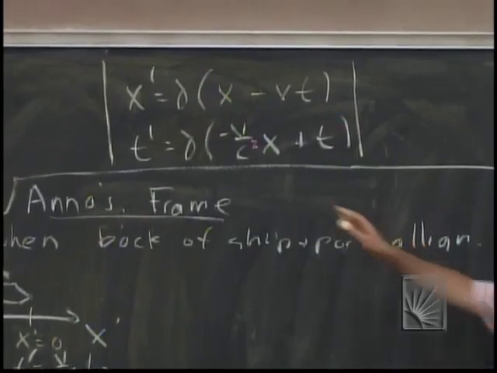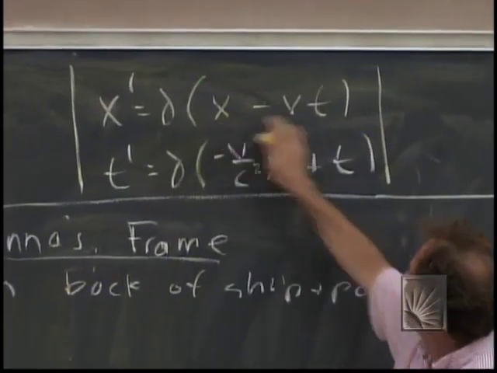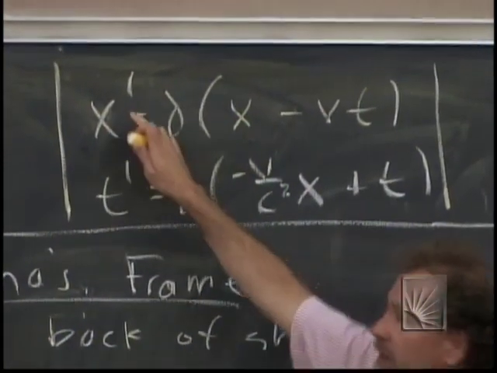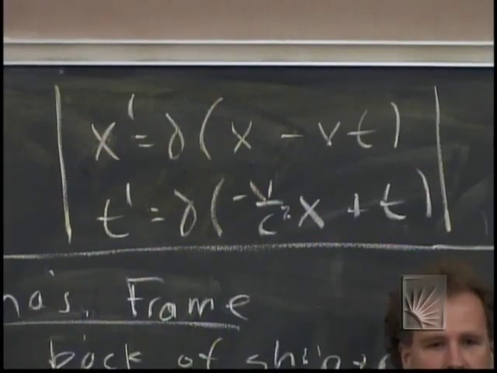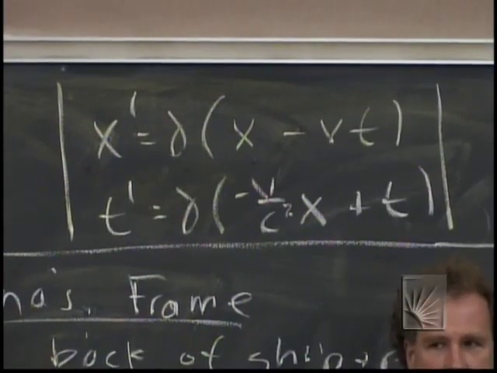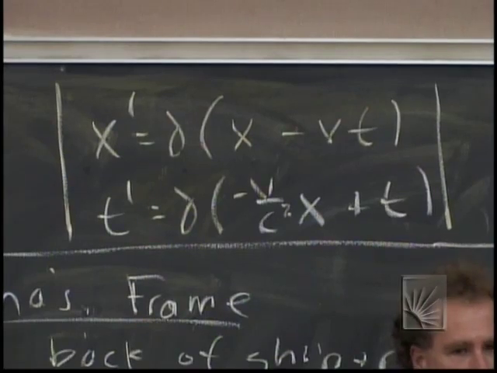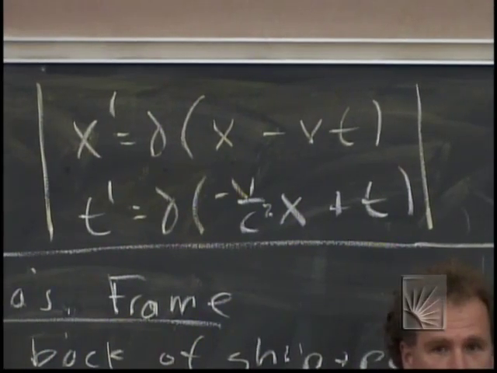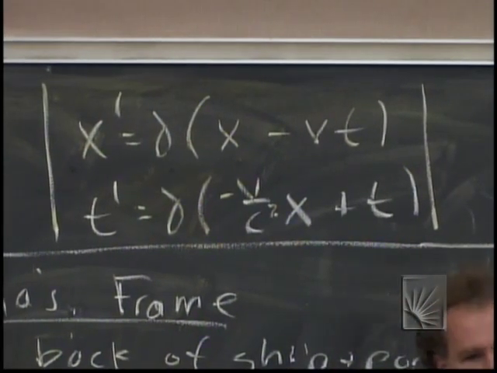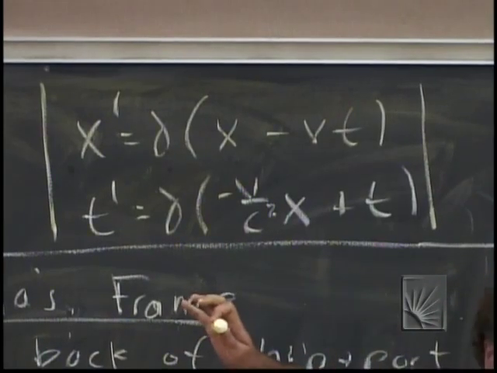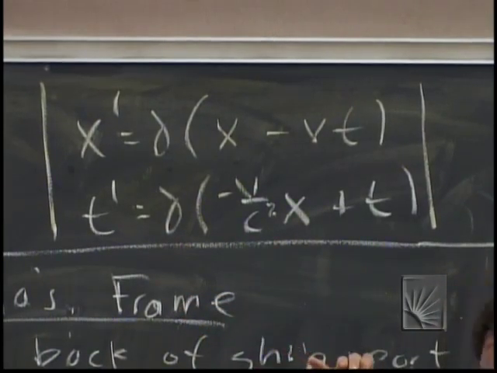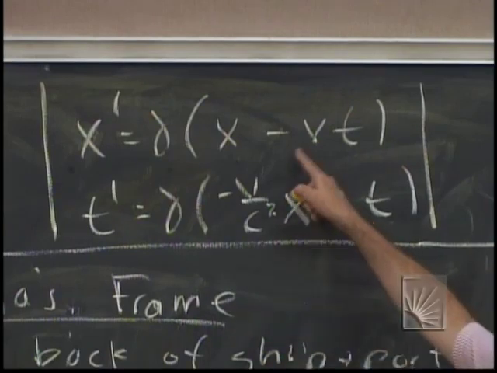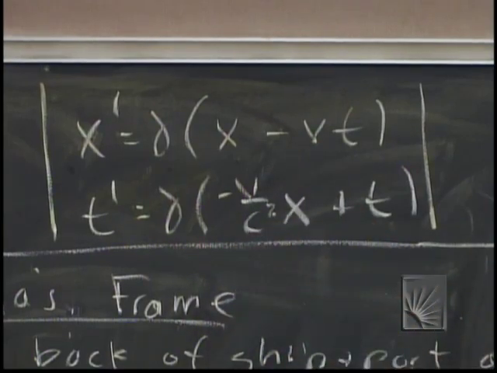If I know that Bob's frame, the S frame, is this, and this is the prime frame, how do I get the others? We talked about this Friday. It's just the point of view. In one case, the one frame is moving in the positive direction. The other point of view, the other frame is moving in the negative direction. So it's just to replace v by minus v and switch prime and unprimed.